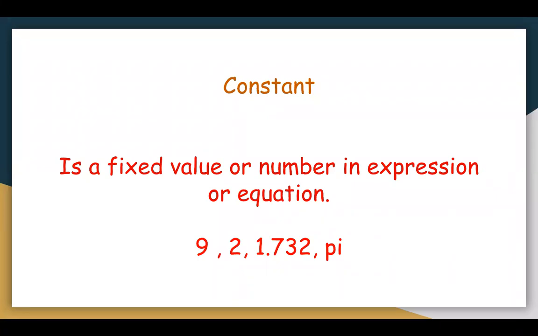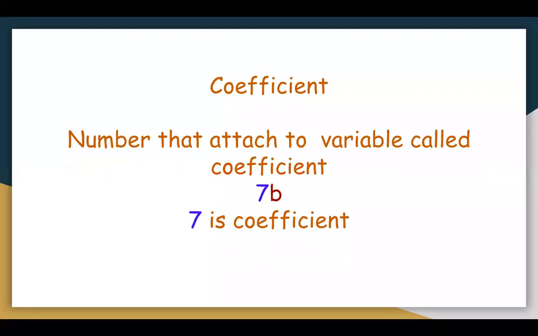It doesn't change the value. So a constant is just a number, like 9, 2, or 1.732 in decimal, or 3/4. And pi. If you don't know it, we will get into it later when we talk about circles. Pi plays a big, important role there.